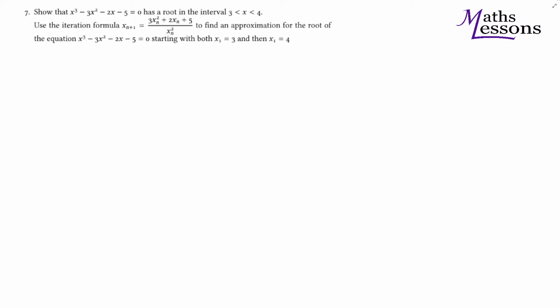Right, okay, so we want to show that this polynomial x cubed minus 3x squared minus 2x minus 5 equals 0 has a root in the interval 3 to 4.